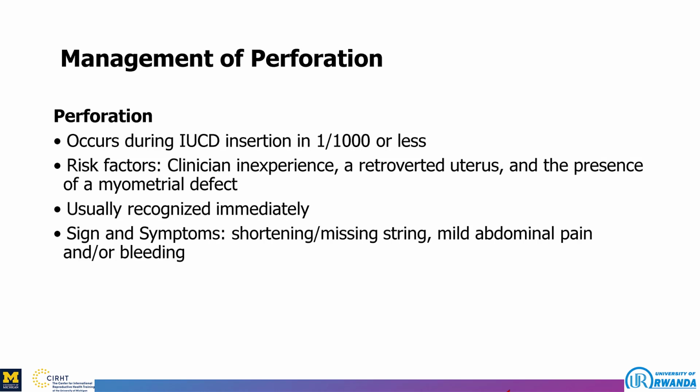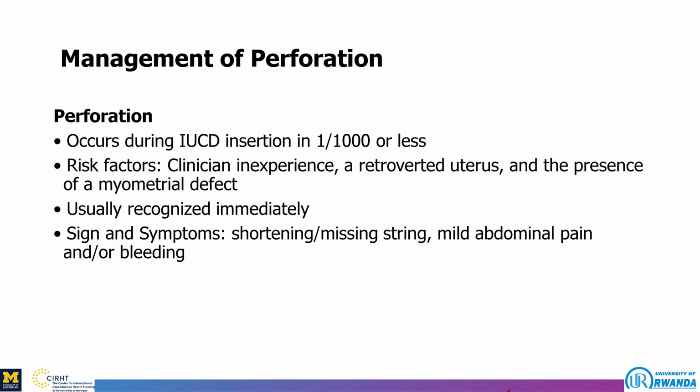The risk factors may include, like I said, clinician inexperience, when the person doing the insertion is inexperienced, or when we have some conditions like a retroverted uterus, or the presence of a myometrial defect in the uterus. Usually it is recognized immediately, and sometimes it may be recognized immediately with the use of ultrasound.